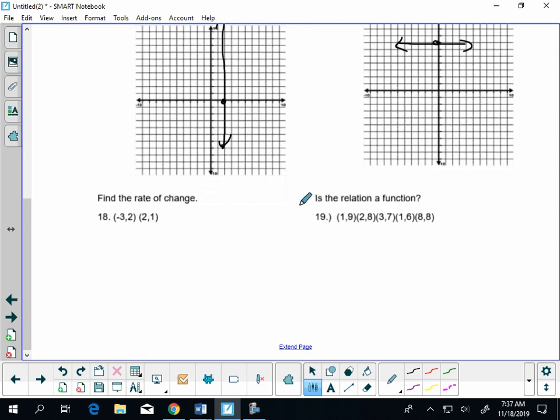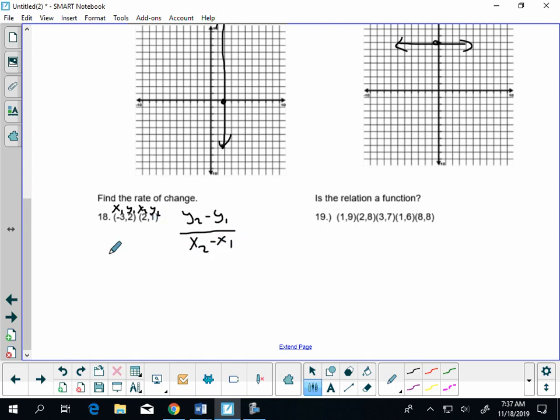Rate of change, that's the same thing as slope. Label your x1, y1, x2, y2. And as I've said many times now, you have to have this formula memorized. Y sub 2 minus y sub 1 over x sub 2 minus x sub 1.